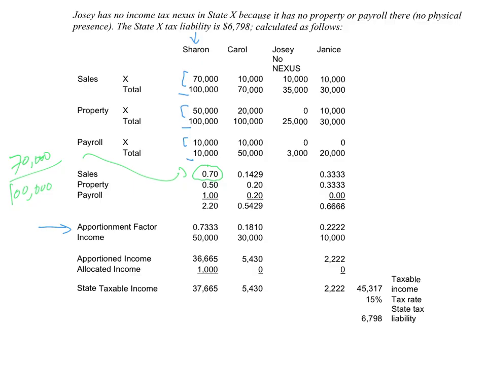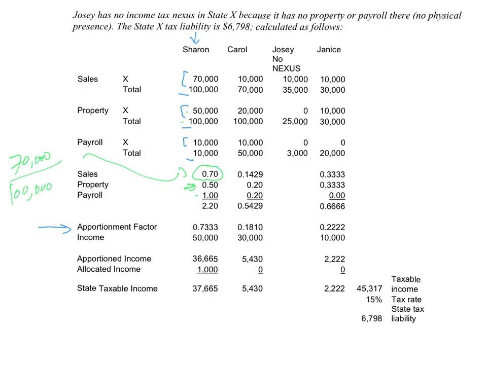For Sharon Corporation in state X, we do the same thing for property: $50,000 of property in state X, $100,000 of property total. That's where the 0.5 comes from. Payroll: all of the payroll for Sharon Corporation is in state X, so their payroll factor is 1.